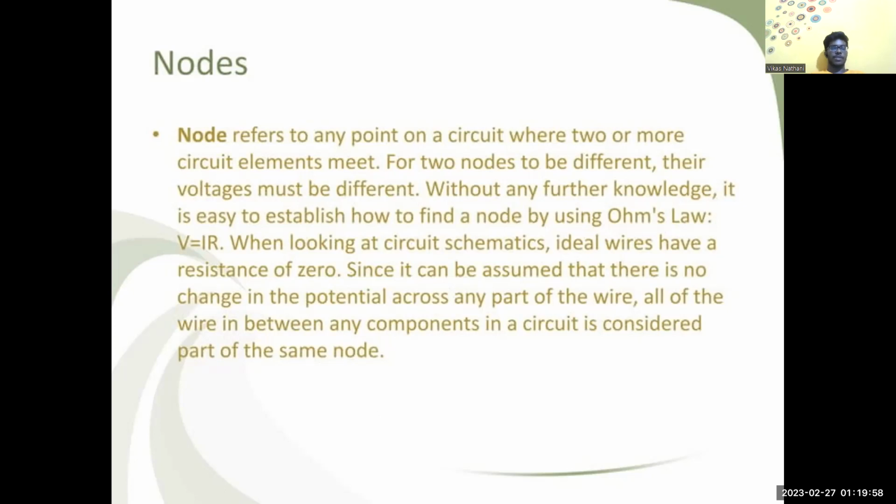When looking at circuit schematics, ideal wires have a resistance of zero, since it can be assumed that there is no change in the potential across any part of the wire. All of the wire in between any components in a circuit is considered to be part of the same node.